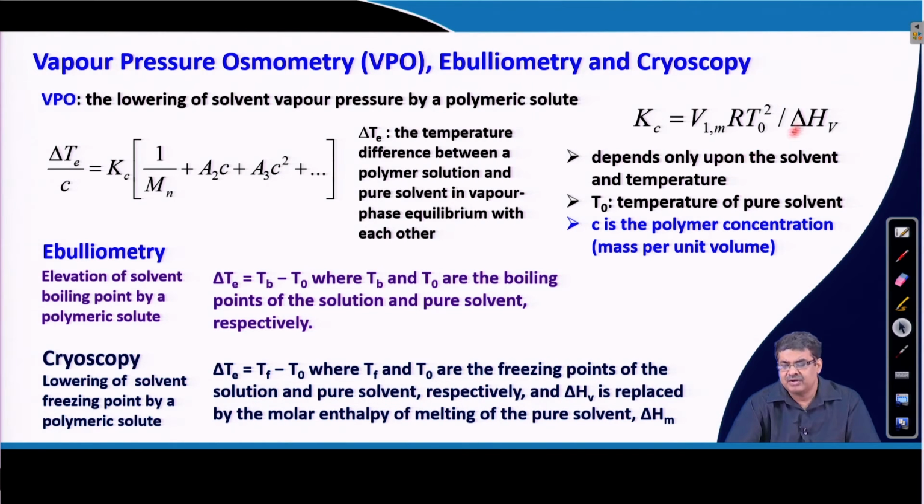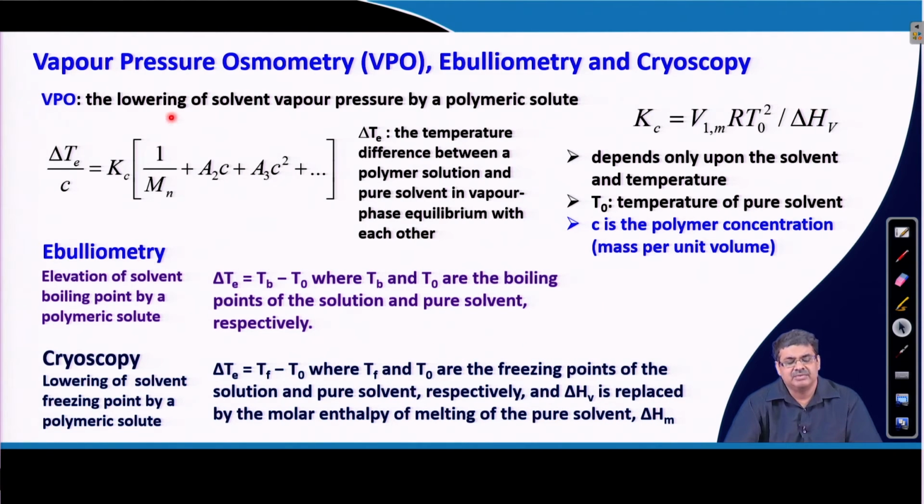In this case only, in place of delta Hv we will write delta Hm, which is the molar enthalpy of melting for the pure solvent. We are talking about lowering of freezing point, so we will use delta Hm instead of delta Hv.